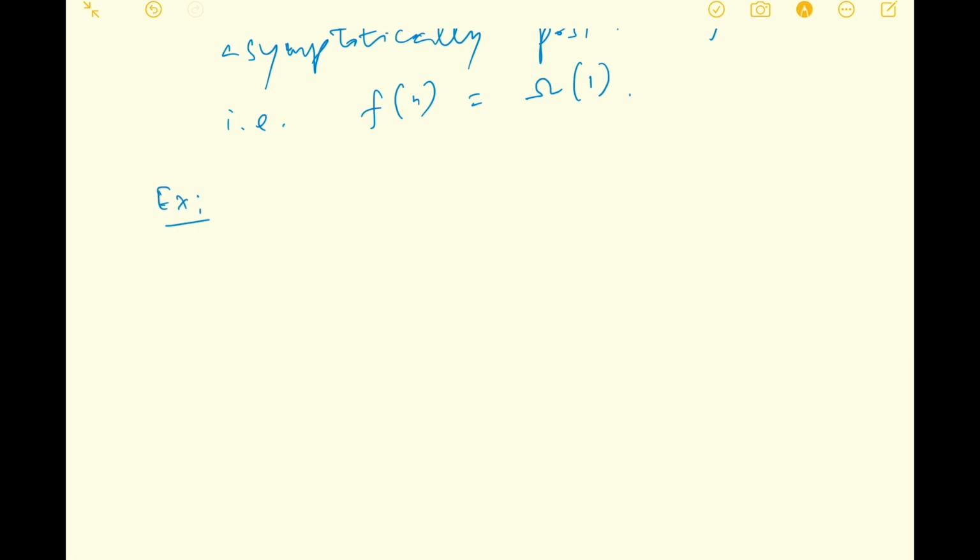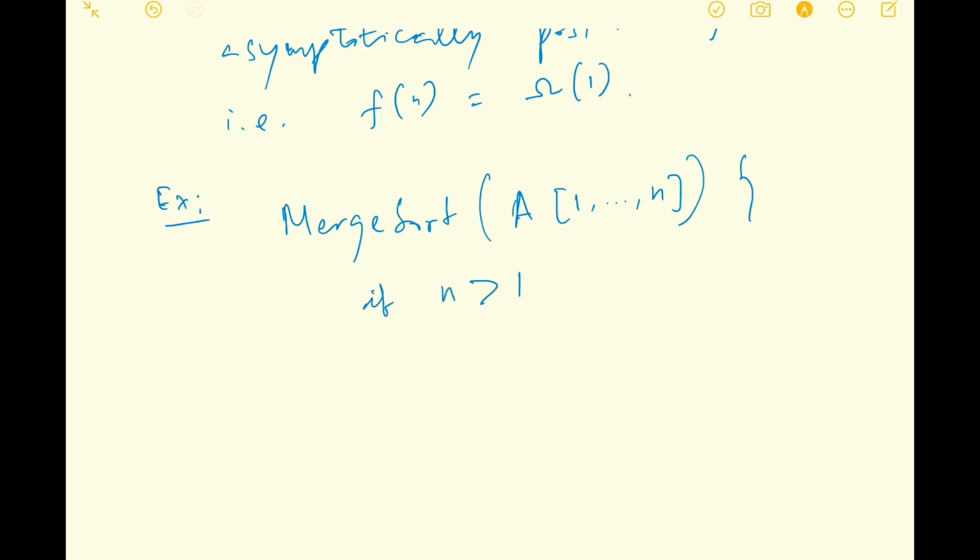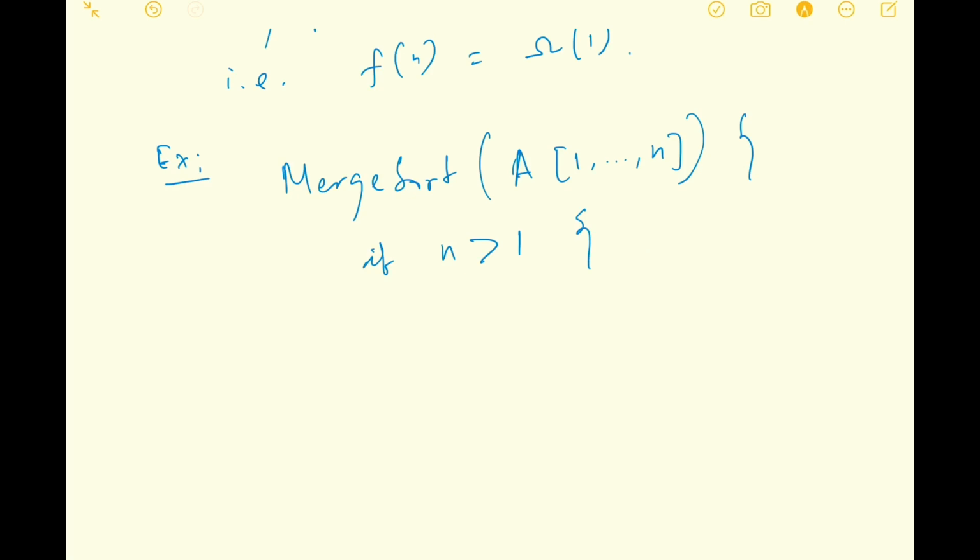what is the pseudocode of merge sort? Here is merge sort. You pass an array a1 to n, and if the array contains only one element, then there is nothing to sort, it is already sorted. If the array contains more than one element, then you divide the array into two parts, and m you define as n by 2.